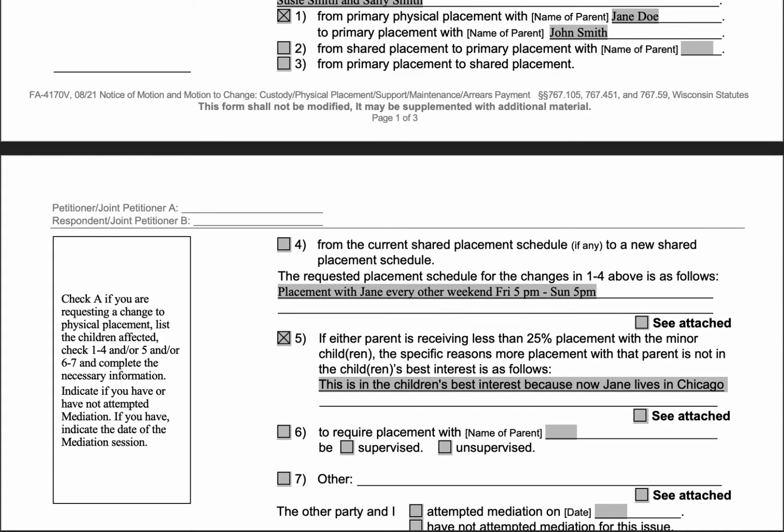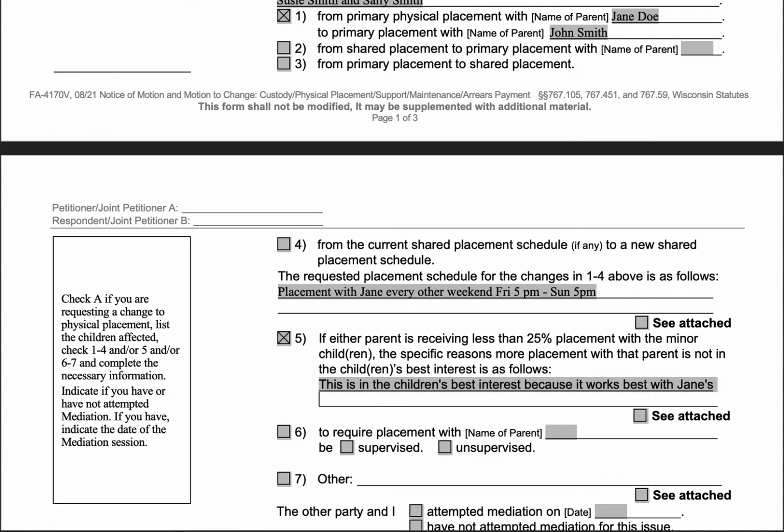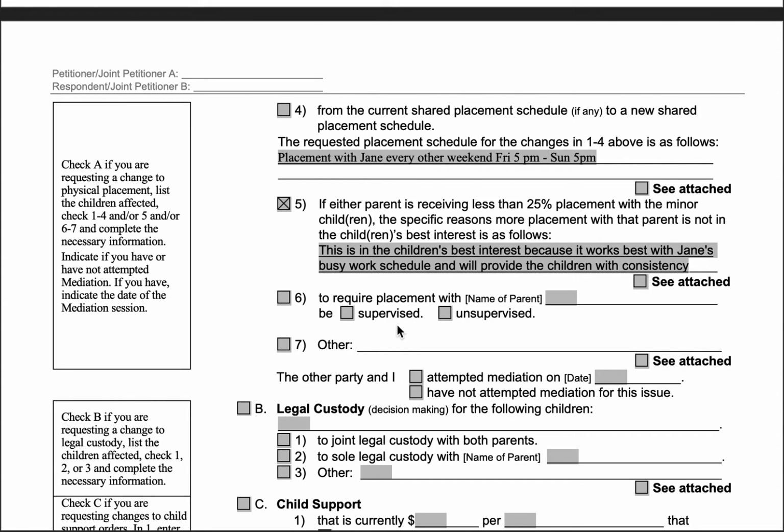Now Jane lives in Chicago and this will be more stable, because it works best with Jane's busy work schedule and will provide the children with consistency. And so if you have questions about what to write here, that could be another good thing to get some advice about.